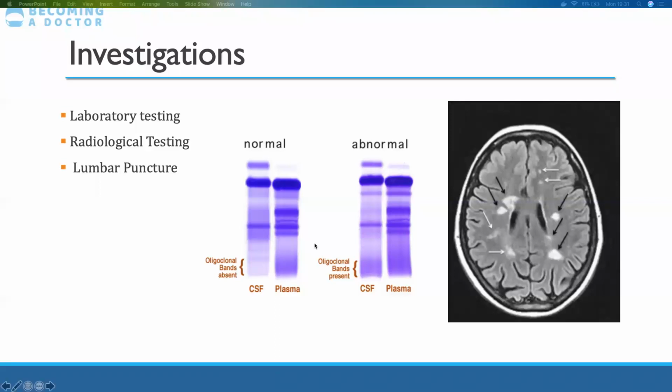And usually when they check the CSF electrophoresis, they also do a serum electrophoresis to compare both of them at the same time.